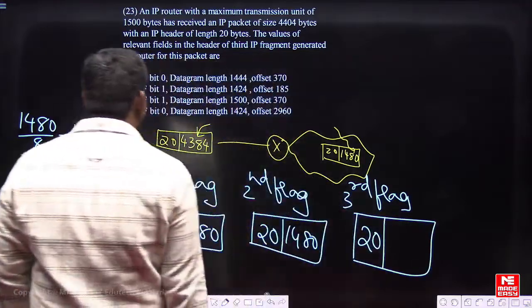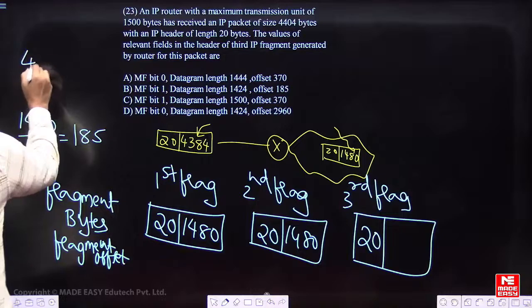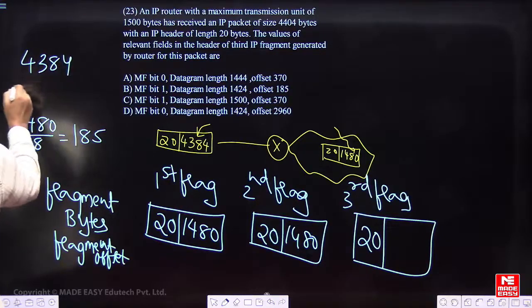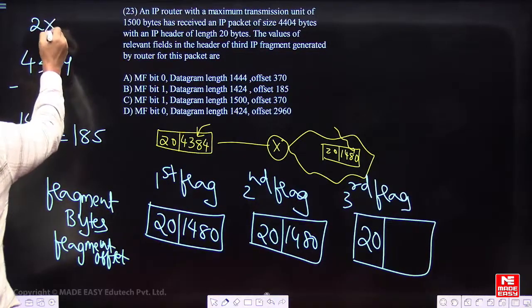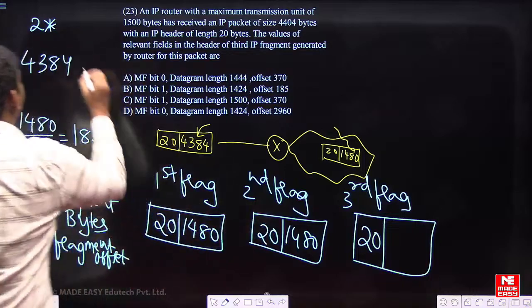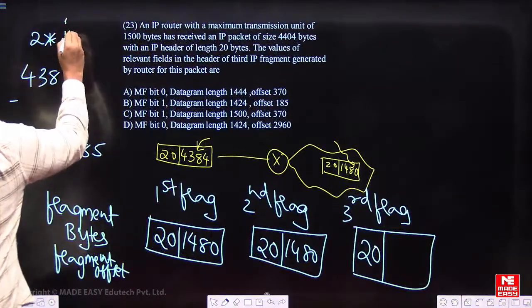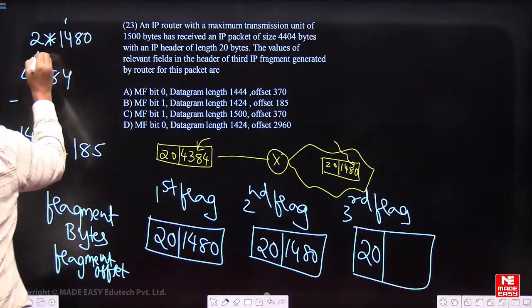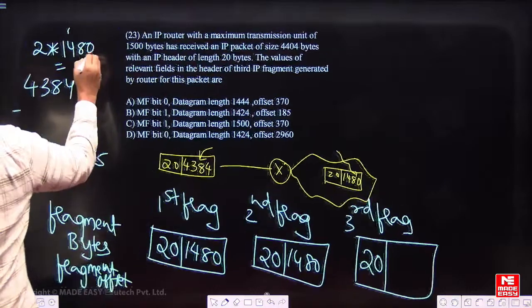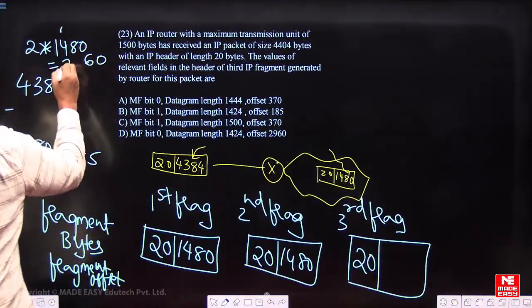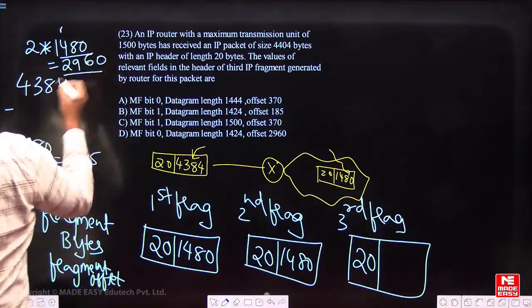And for the third fragment, how will it be given? You can see 4384 minus 2 into 1480, because you have already distributed to two fragments. This is nothing but 2960.